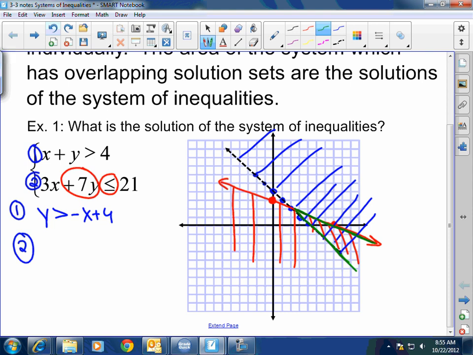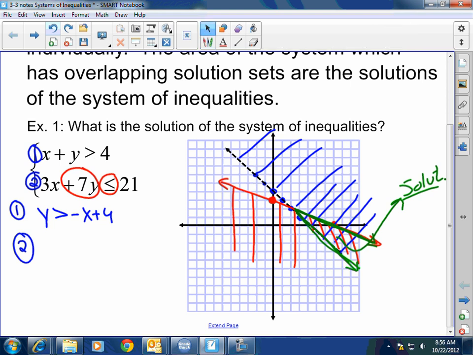That's the solution. Where the blue and red combine, where the shadings overlapped. So this little section that I have outlined, that little area right here in green, and it keeps going on forever, expanding, expanding. This whole entire region or boundary will be the solutions. And you can choose any point in that boundary and it will be a solution.